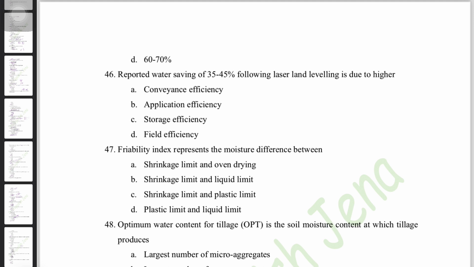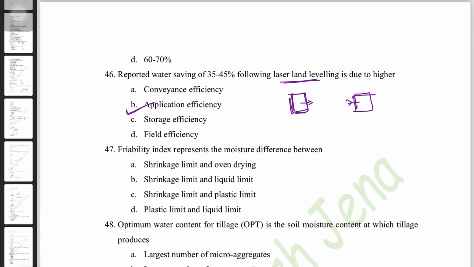There are different efficiencies like conveyance efficiency, application efficiency, storage efficiency, distribution efficiency, field efficiency as well. In case of laser land leveling, which type of efficiency is more? That is application efficiency. So what is conveyance efficiency? Let's say this is the pond or any river, and this is your field.